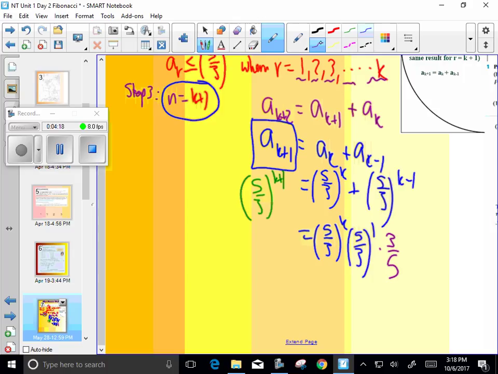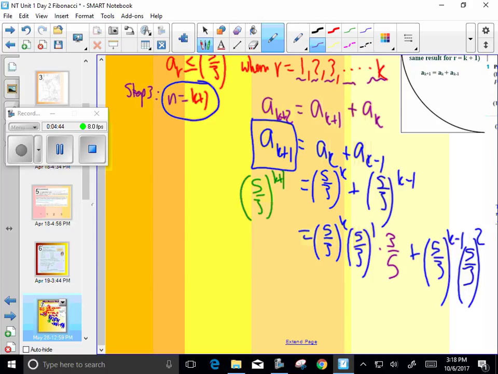Now we're going to do that with this next term, (5/3)^(k-1). I'm going to make that times (5/3) squared, because that'll get me the k plus 1 that I can factor out.